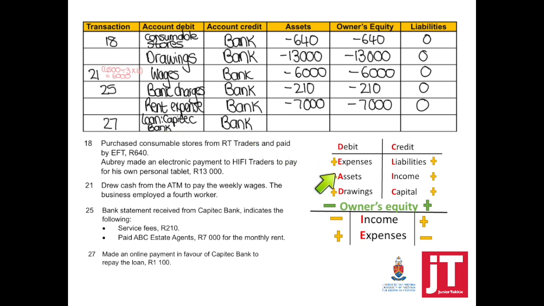Bank is a current asset, which means it was credited, will minus on the credit side, minus assets. Loan is a liability, which was now debited. So if it's on the debit side, it means my debt is going to decrease. I owe them less money. That's why we've got minus 1,100.